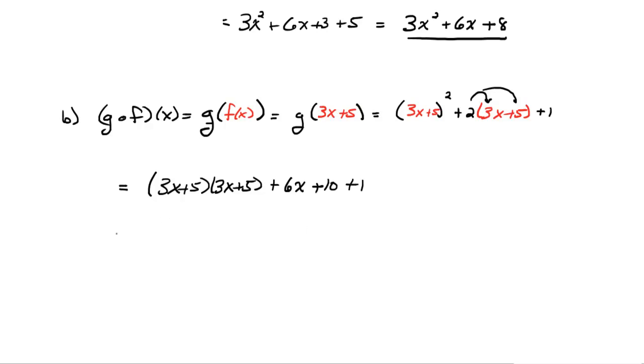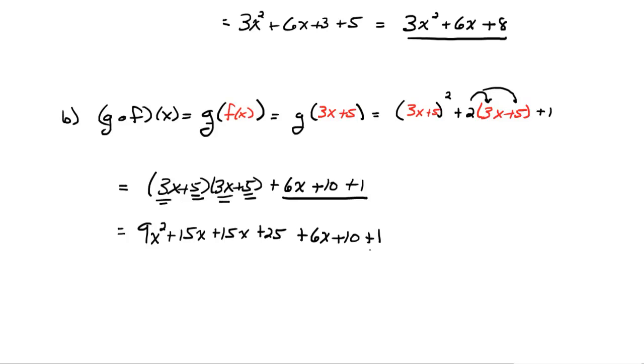Now we're going to FOIL out these binomials. 3x times 3x gives me 9x squared. 3x times 5 gives me 15x. 5 times 3x gives me another 15x. 5 times 5 gives me 25. And then I still have all of this stuff at the end. Now I'm going to combine similar terms.